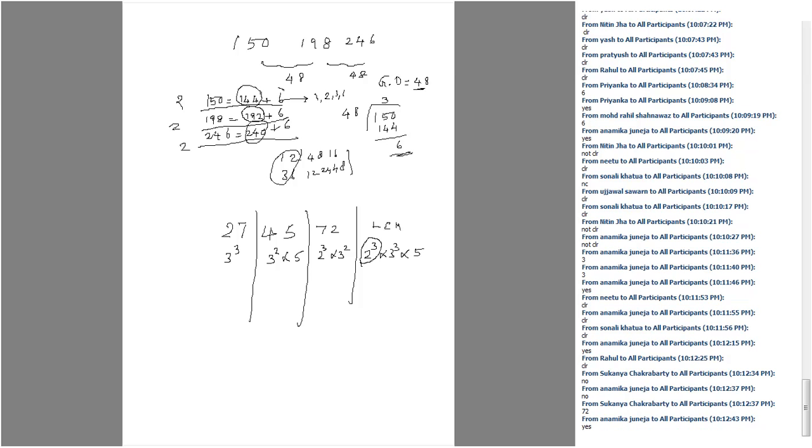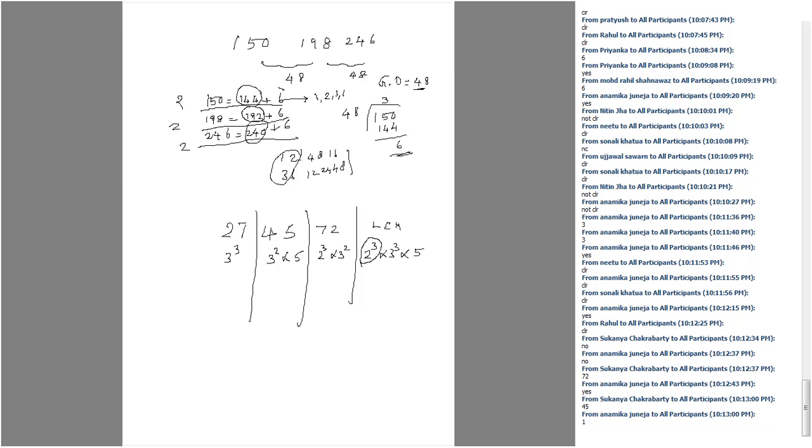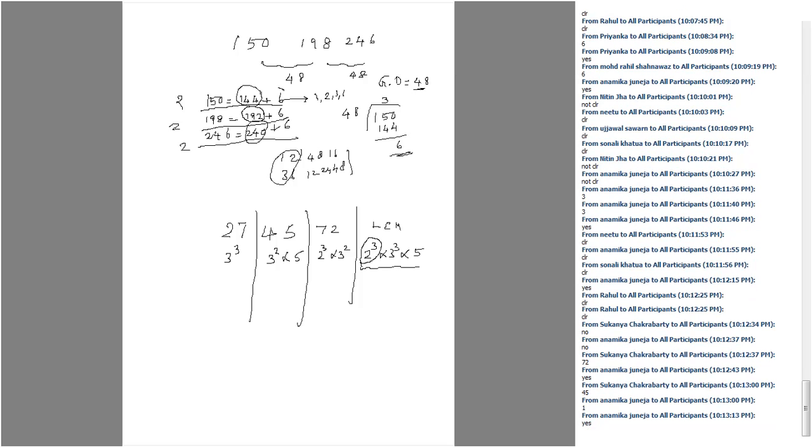Where is 3 cubed coming? Is it coming in all the terms or only one of the terms? 5 comes in how many terms? 1. So the factors of the LCM should be present in at least one of the numbers or not?